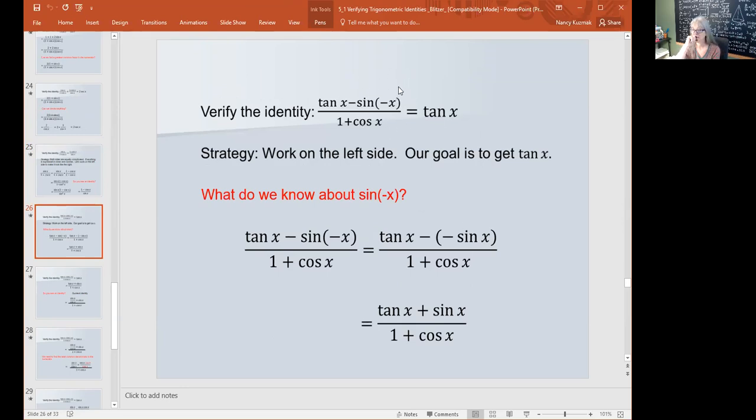Now I have an interesting thing occurring. I know that tangent x, and I see 1 plus cosine x. So I have several options to make. Well, I could look for multiplying it by the conjugate, right? But I don't know if that's going to give me anything now.